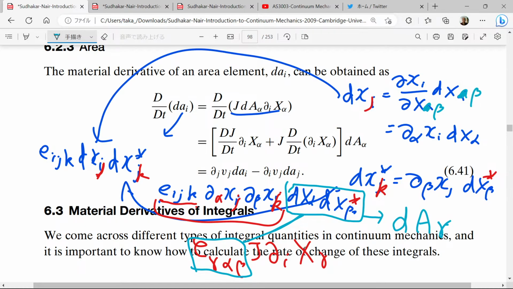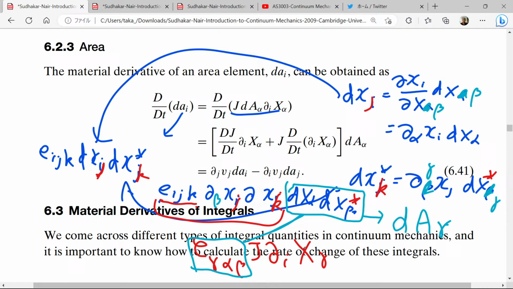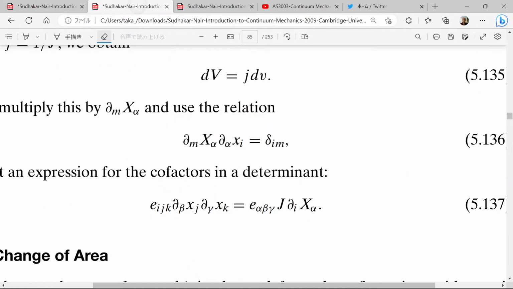Then here we use, instead of beta, we use gamma. So then we have, instead of alpha beta, we have beta gamma. Then we just apply this equation.